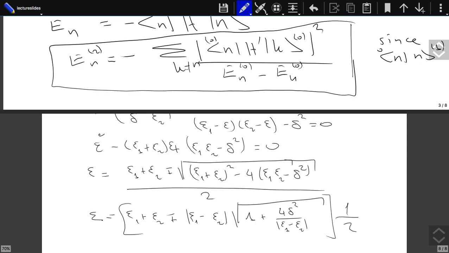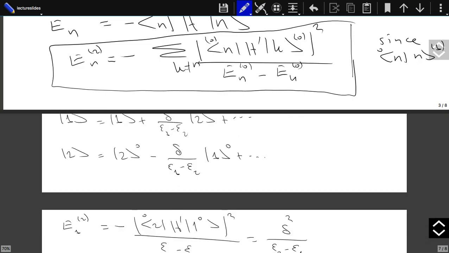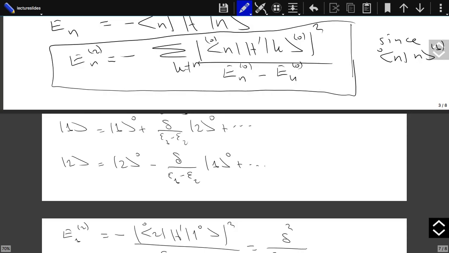Now, there are a couple of things we can already say by looking at this expression. We already know beforehand that our expansion of the states and also of the energies always goes with delta over epsilon 1 minus epsilon 2. So if epsilon 1 minus epsilon 2 is smaller than delta, then delta over epsilon 1 minus epsilon 2 is a large number.